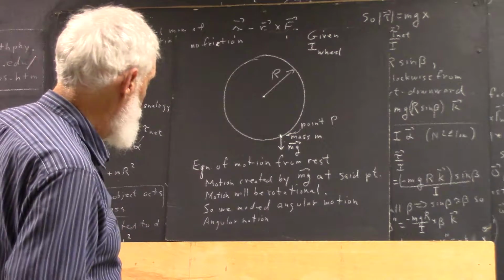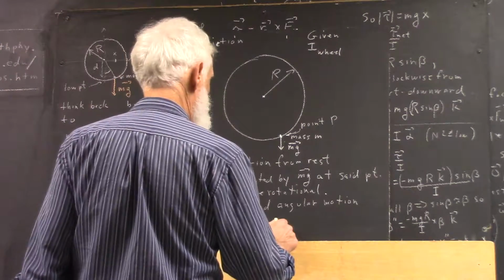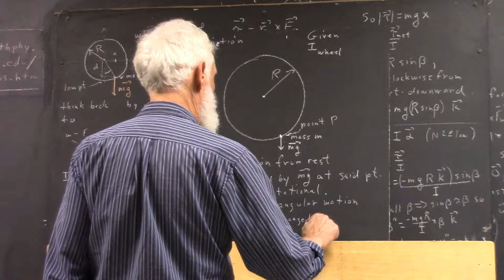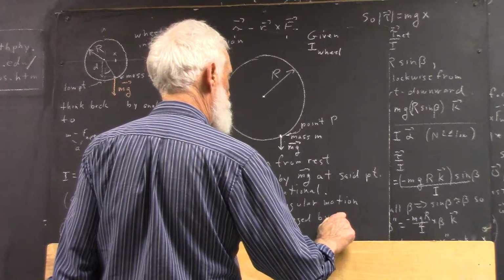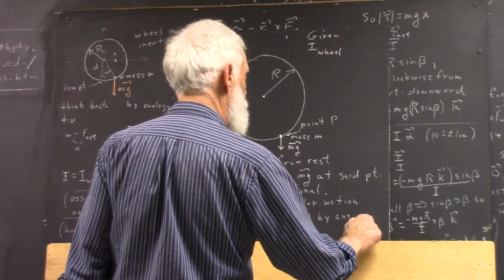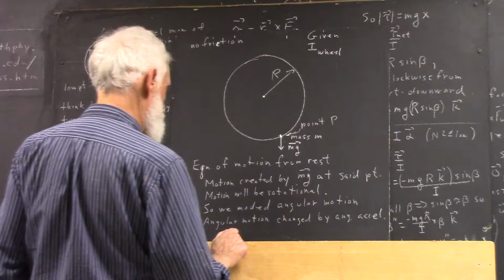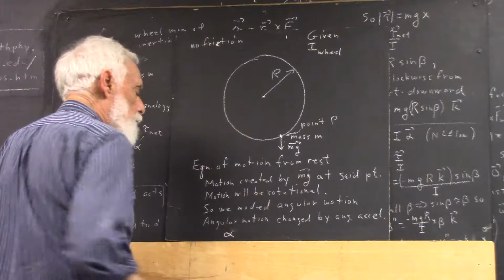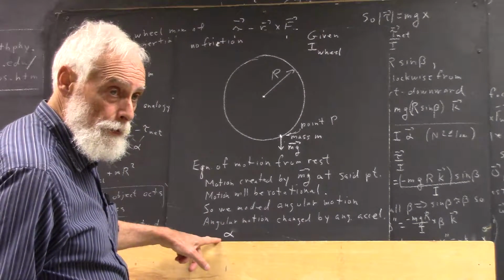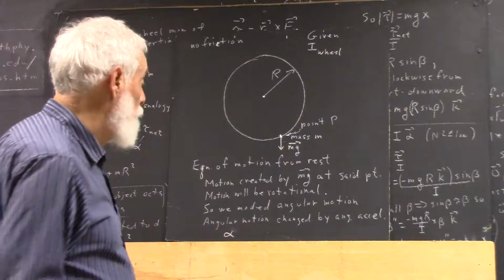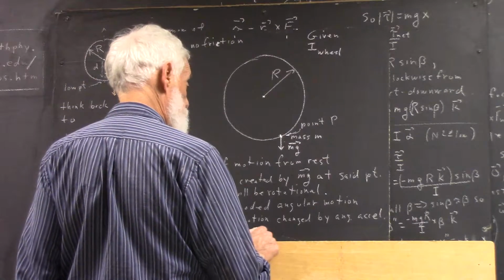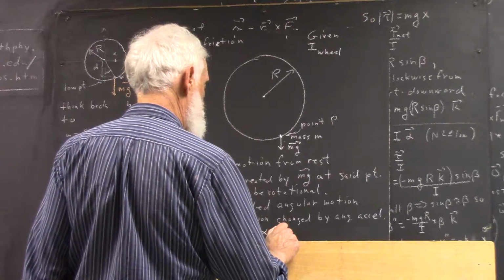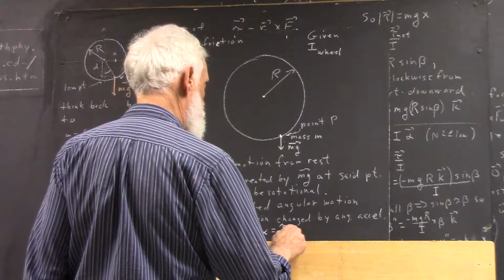Okay, well, the angular motion is changed by angular acceleration alpha. And what is it that causes alpha to change? Well, it's a torque, as we should know. Alpha equals torque over moment of inertia.